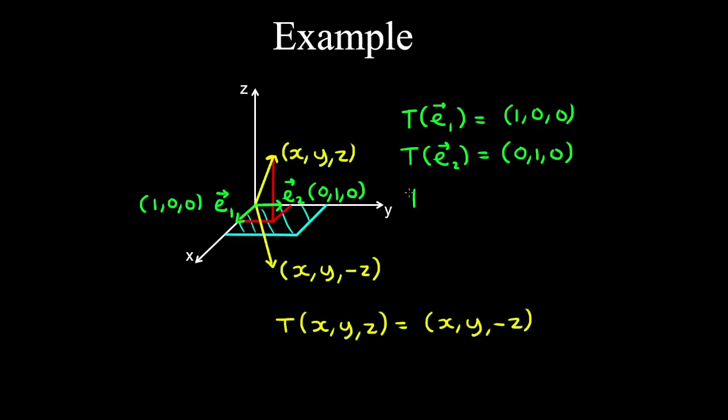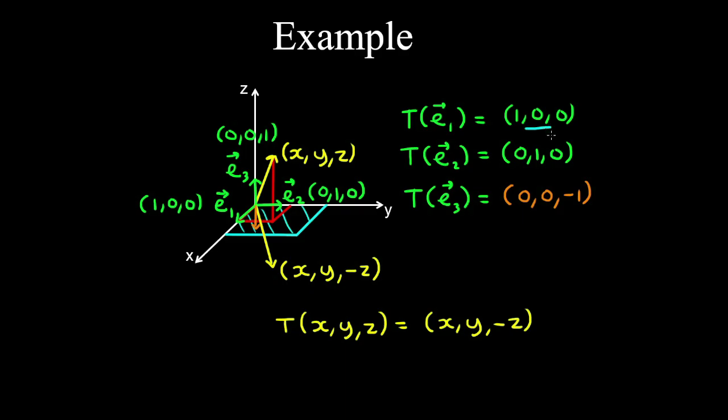And finally, we apply the transformation to the third basis vector, which points in a z direction. So it has components 0, 0, 1. So the image of this vector, if we reflect it about the xy plane, is going to be 0, 0, minus 1.